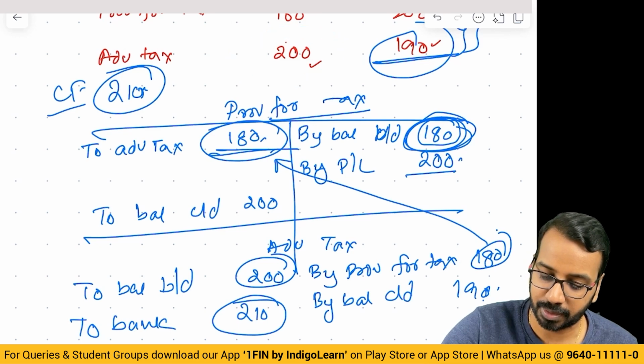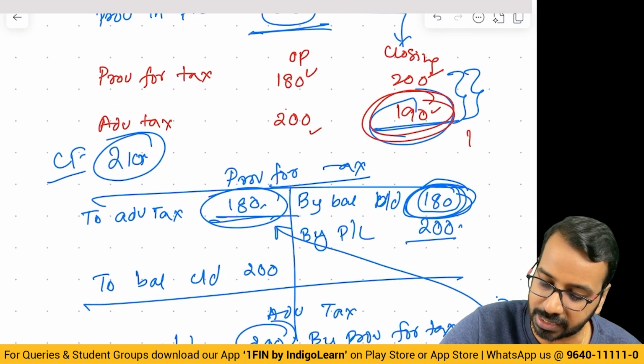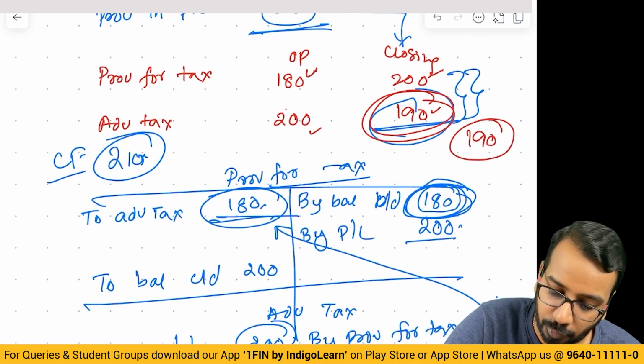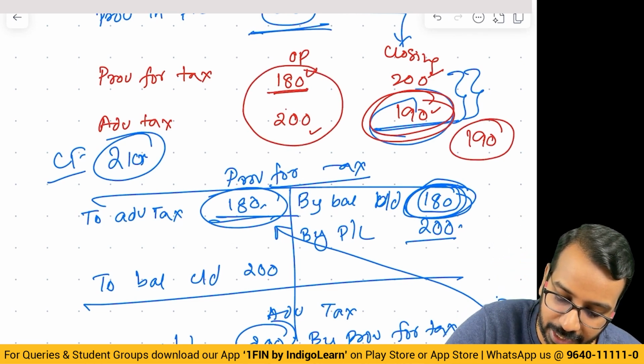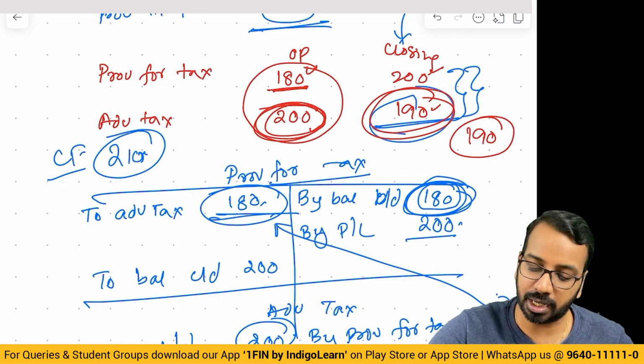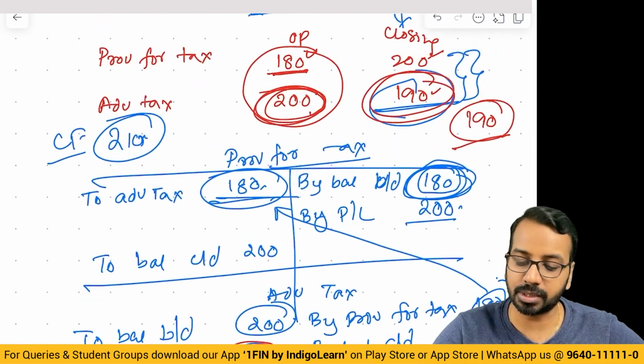Just a second. What you can do is take the closing balance, that is 190 of advance tax, and from the opening balance we needed only 180, we had 200, so that 20 extra you can add here. So that way also you can do. So amount paid through bank is 200.